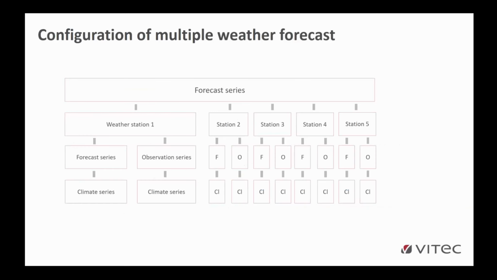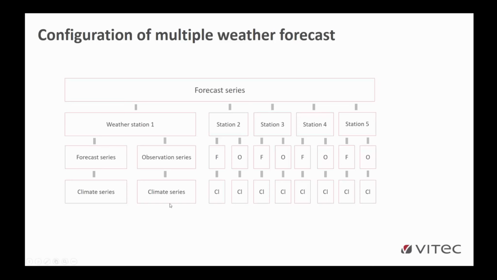And our structure of our forecast series looks like this. So you have one forecast series, and this is then divided up or connected to 5 different weather stations. And each of these weather stations is compiled of 2 weather series. So you have one forecast series and one observation series.